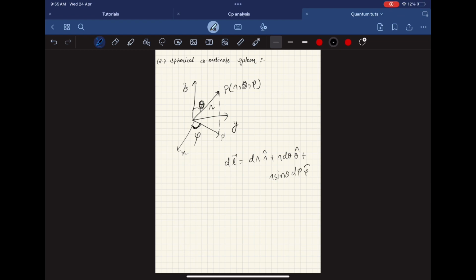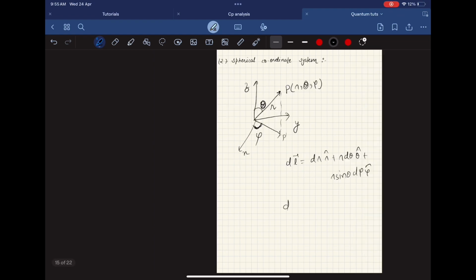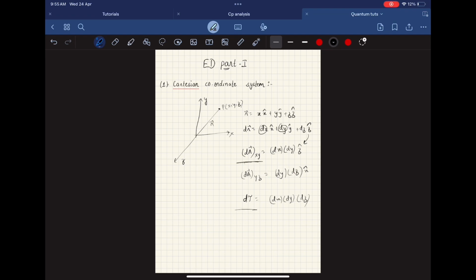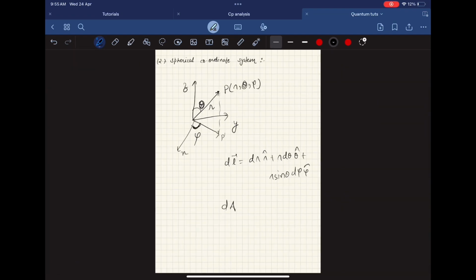Now similarly, like in Cartesian coordinates we have written dA and d tau, in spherical coordinates, if I want to write dA in the r theta plane, then it is dr into r d theta into phi-cap. Similarly, if I want to write dA in the theta phi plane, then it is r d theta into r sin theta d phi into r-cap.